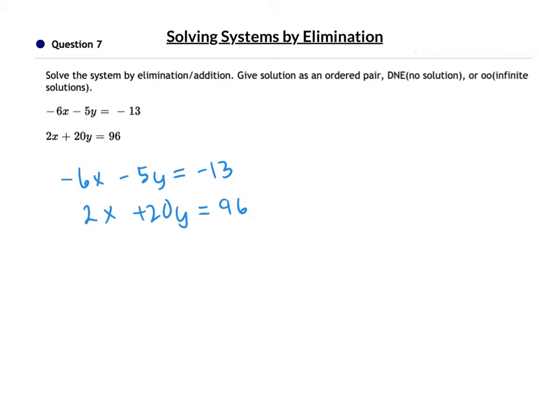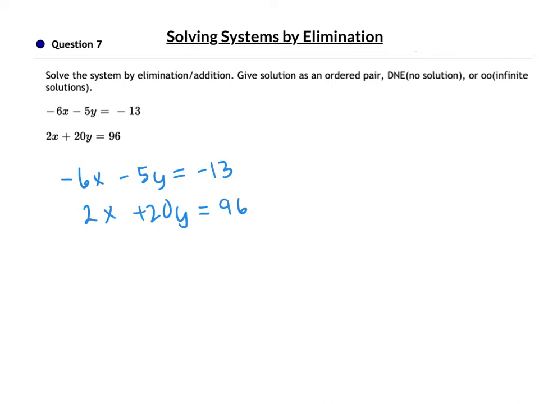You need to find the least common multiple, the smallest number that both numbers divide in. For 6 and 2, the smallest number that both of those divide into is 6. Don't think greatest common factor. Think least common multiple. 6, 12, 18, 24, 2, 4, 6, 8, 10, 12. The smallest number they both divide into evenly is 6.